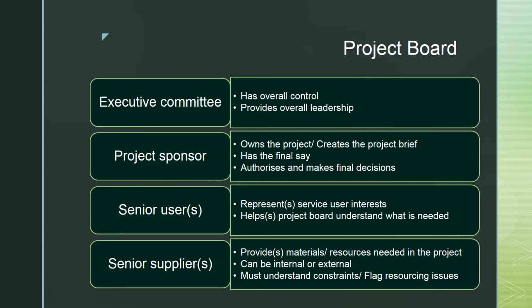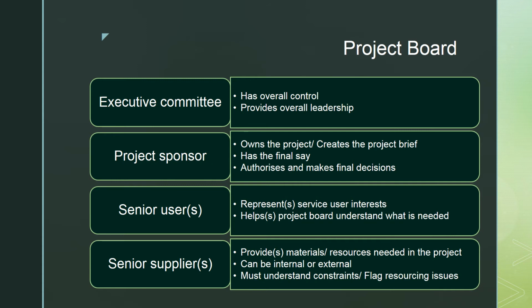It could be raw materials or any materials that are needed in the execution of the project. They have to be aware of the issues surrounding the supply of materials that will be necessary for the execution of the project.